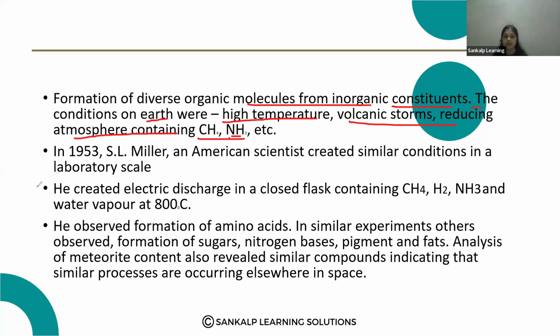For this experiment, Stanley Miller created similar conditions on a laboratory scale. He created an electric discharge in a closed flask containing CH4, H2, ammonia and water vapor at 800 degrees Celsius. Then what did he observe?